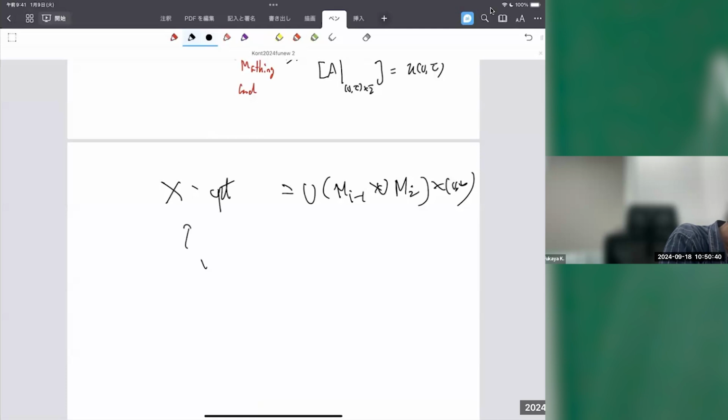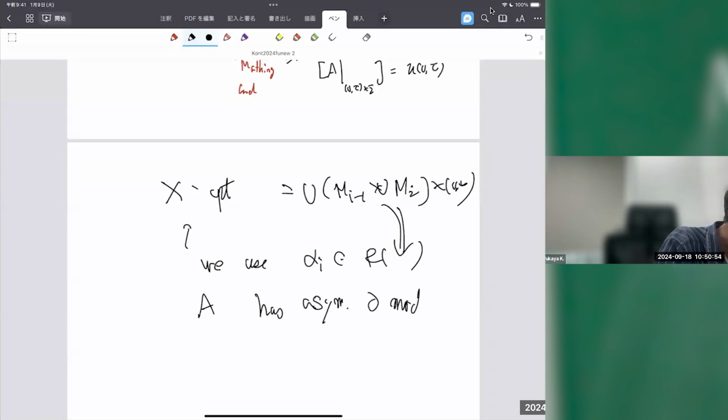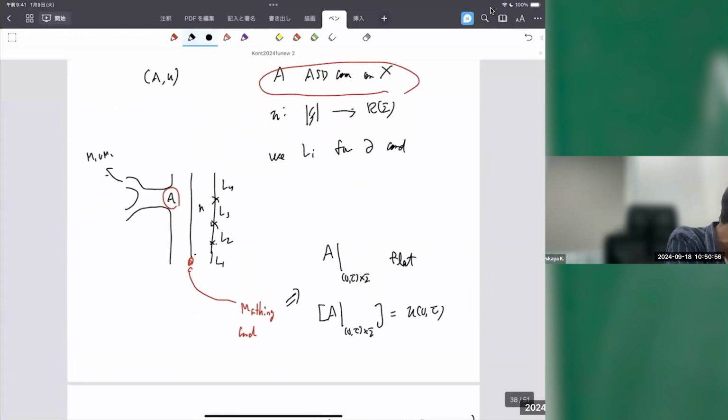Then we use alpha_i, a flat connection on this three manifold, as asymptotic boundary conditions. So for this A we have A3 connection with boundary conditions.